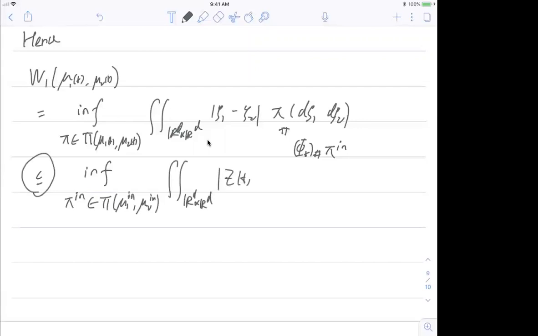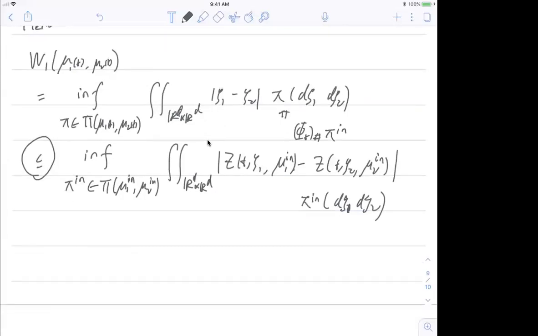And this one is just the infimum over pi initial of mu1 initial, mu2 initial. This quantity is just what we defined, d pi at time t.